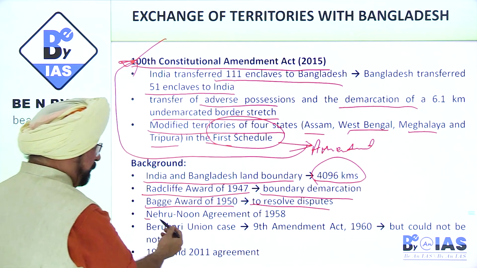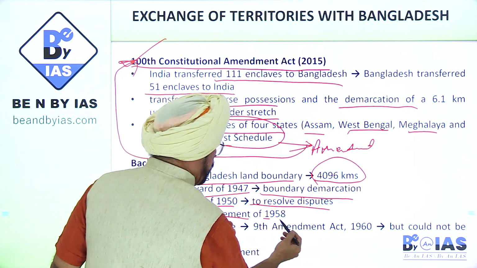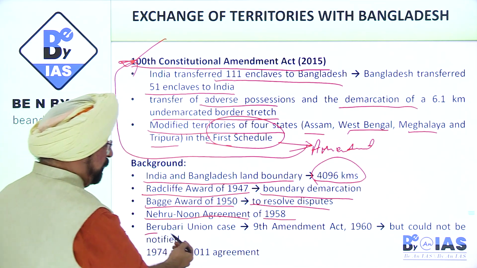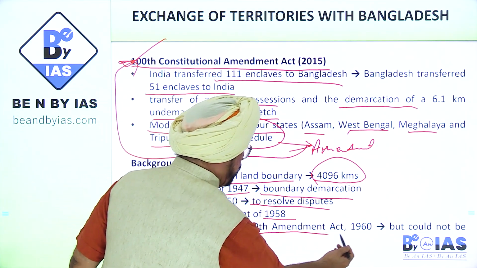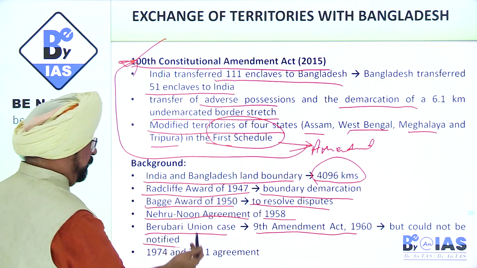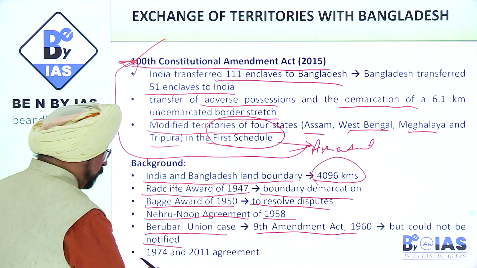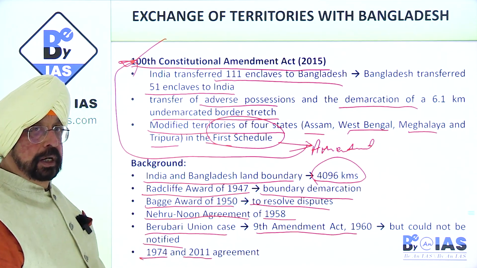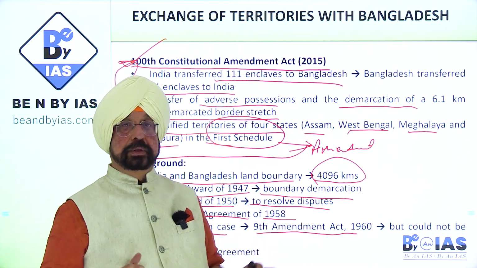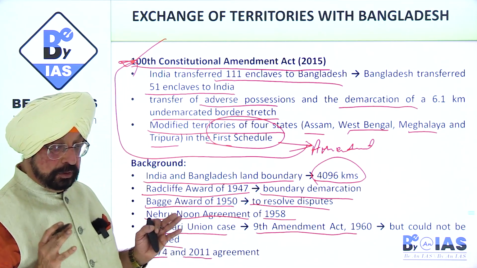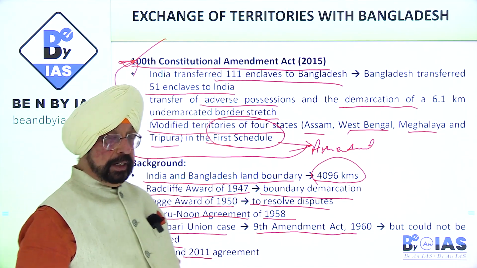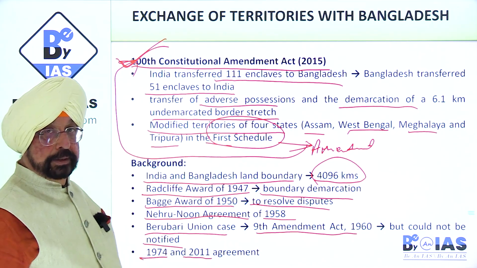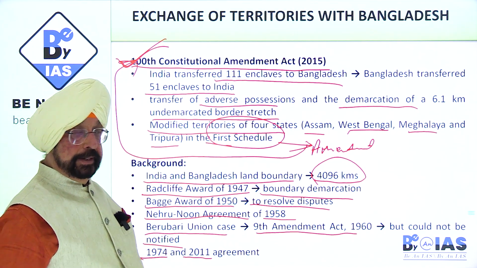There was an agreement between Nehru and Noon in 1958, still remained unresolved. Berubari Union case, 9th Amendment Act, but could not be notified. So there were further agreements of 1974 and 2011, but still that boundary settlement was not coming through. It finally came through this settlement in 2015.